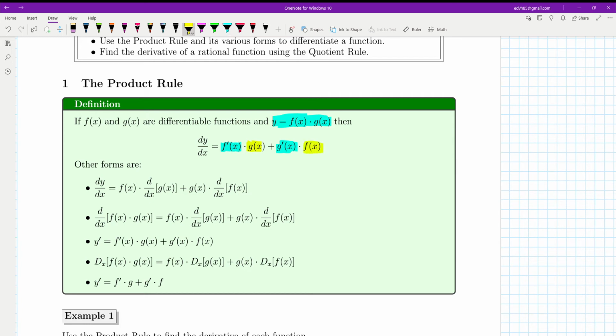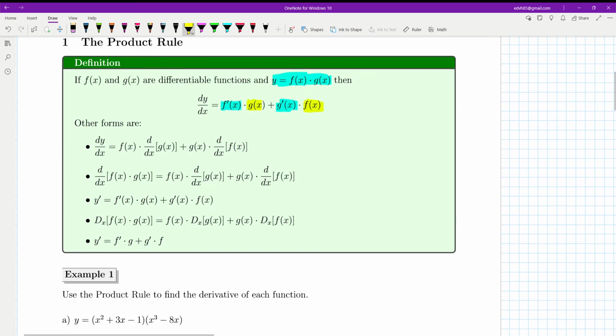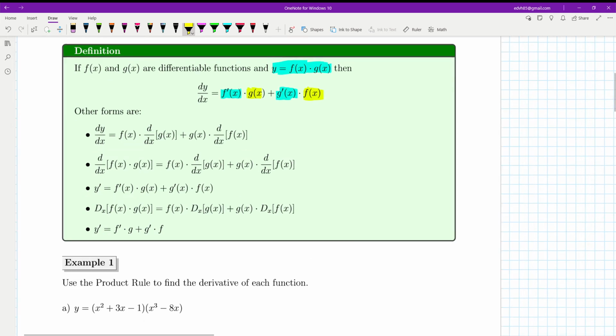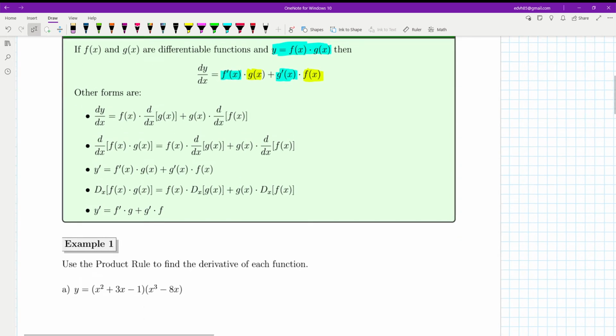There are more ways to denote the product rule, like the first function f left alone, differentiate the second one, plus g times the differentiated f. So it's just different notation.